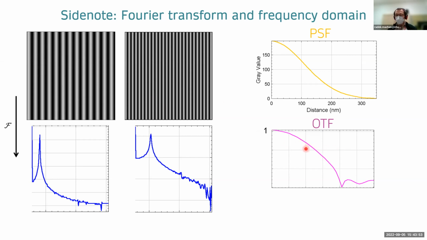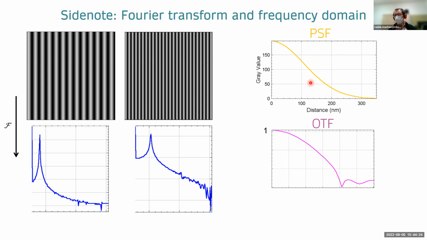So you see that the higher spatial frequencies are transmitted with reduced efficiency, and at some point the optical transfer function will be nearly zero. It decays, and that means that very high spatial frequencies practically cannot be transmitted by the optical system.